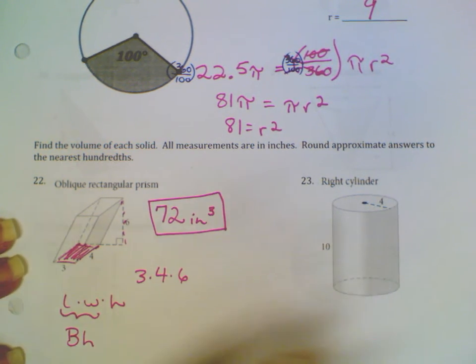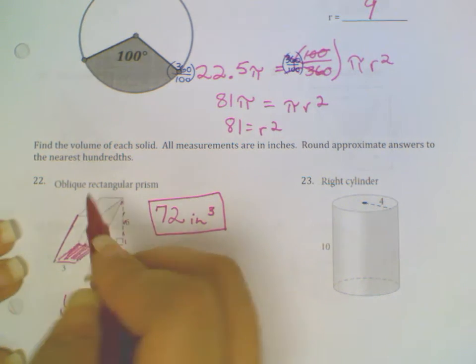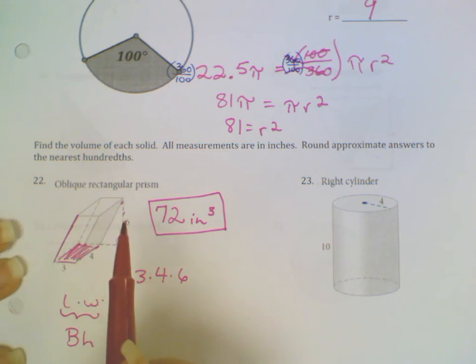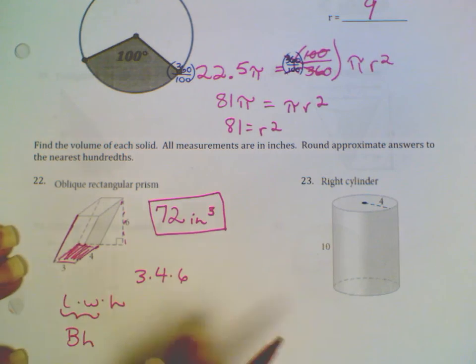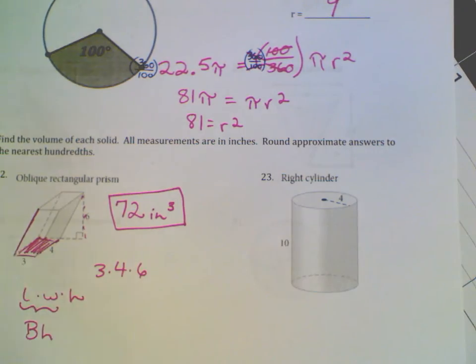And we can use the regular formula. Keeping in mind that this right here is not the height. That is the slant height and will not be the same as the height. It will be longer. So don't use this. If we ever give you this, it's a trick. Don't fall for it.